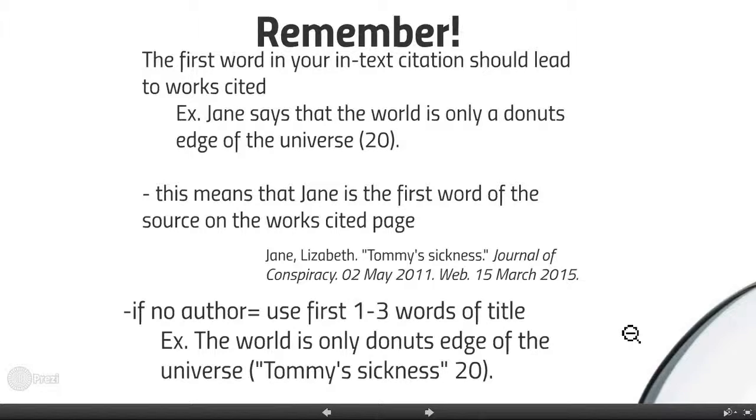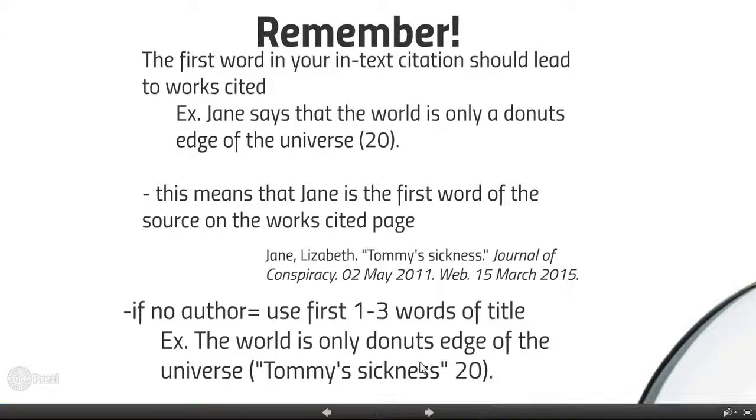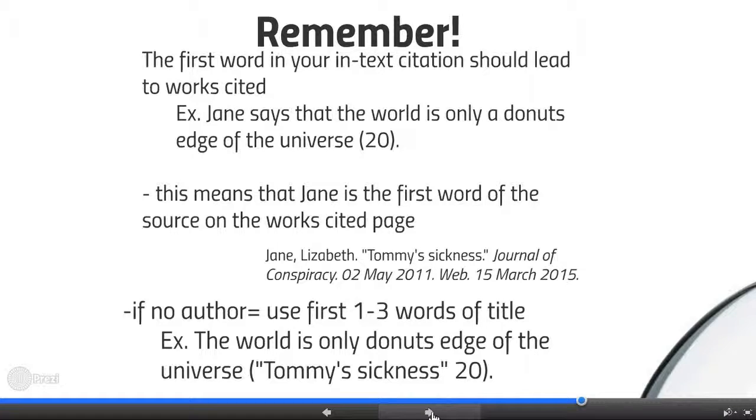That should be Jane, the first thing we find. And if it's not, and this were a title, we would have to put, as this example says, Tommy's sickness, page 20. And if you don't have an author, you'll put a title. And that's only the first 1, 2, 3 words in your article title citation.